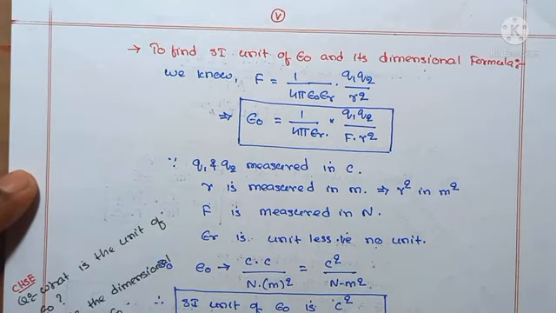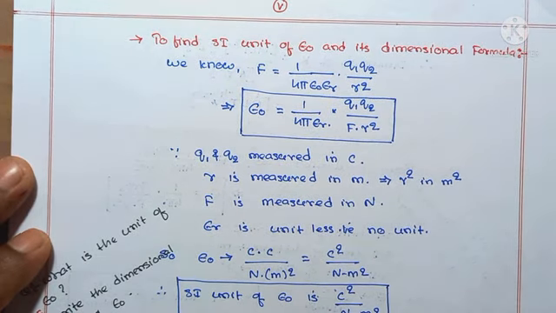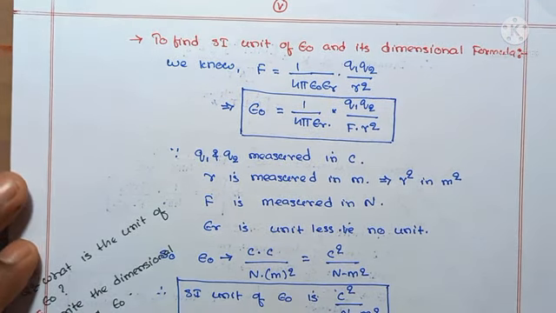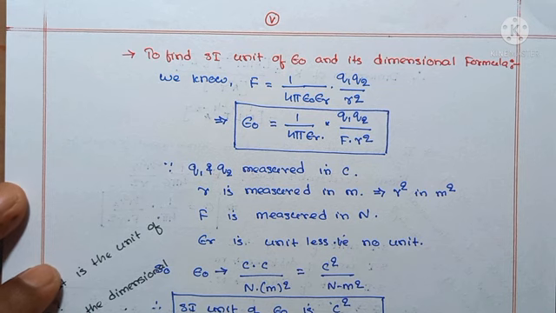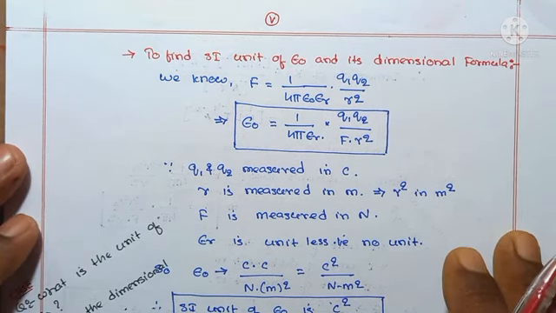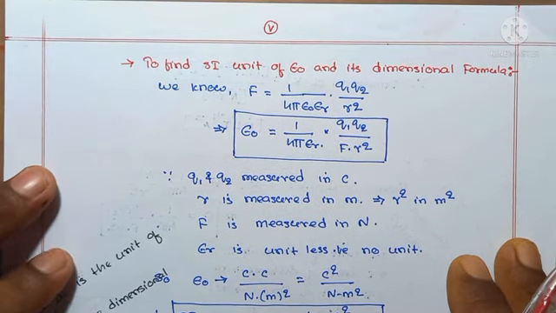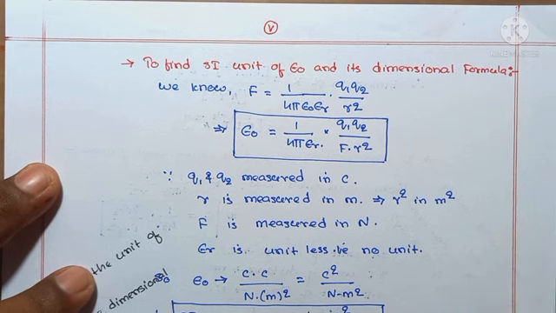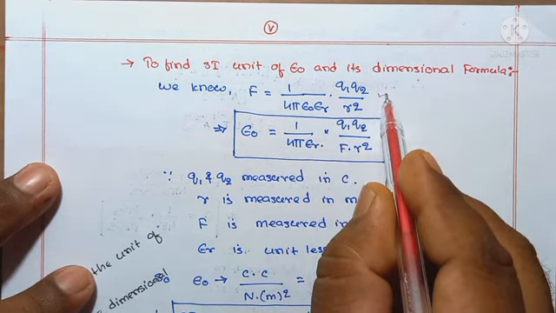ठीक है? Now we'll find the SI unit of epsilon 0 and its dimensional formula. That means we'll learn how to calculate the SI unit of epsilon 0 and how to calculate the dimensional formula. From Coulomb's law, we know F is equal to 1/4 pi epsilon 0 epsilon r Q1 Q2 by r square.